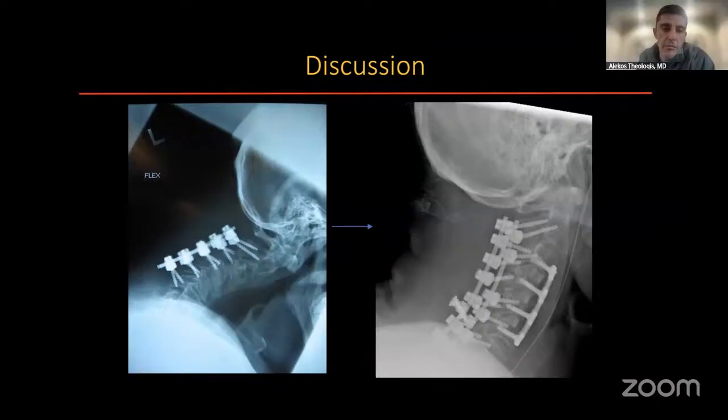I think that's one of the major take-home points of this talk: people should be cognizant of the high risk of failure of just treating the cervical spine in patients with a high T1 slope. They are set up for abnormal forces as a result of what's happening distally.